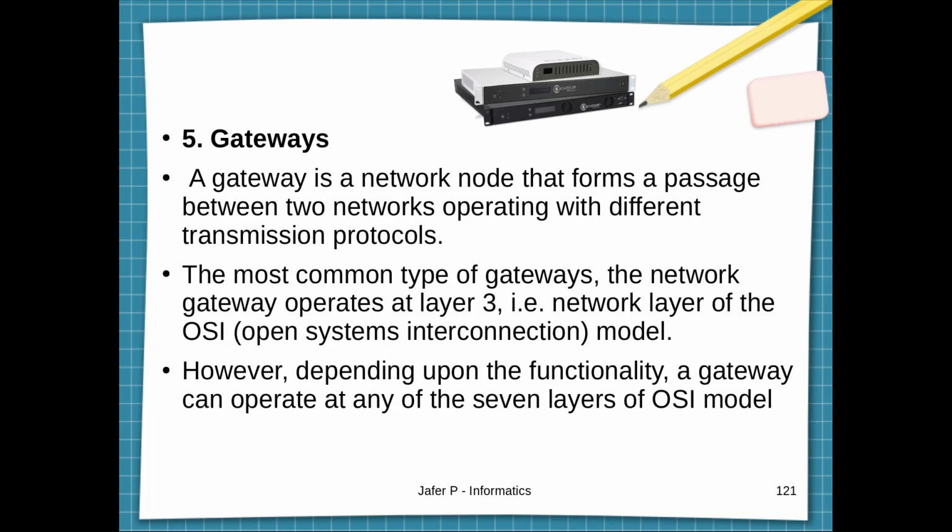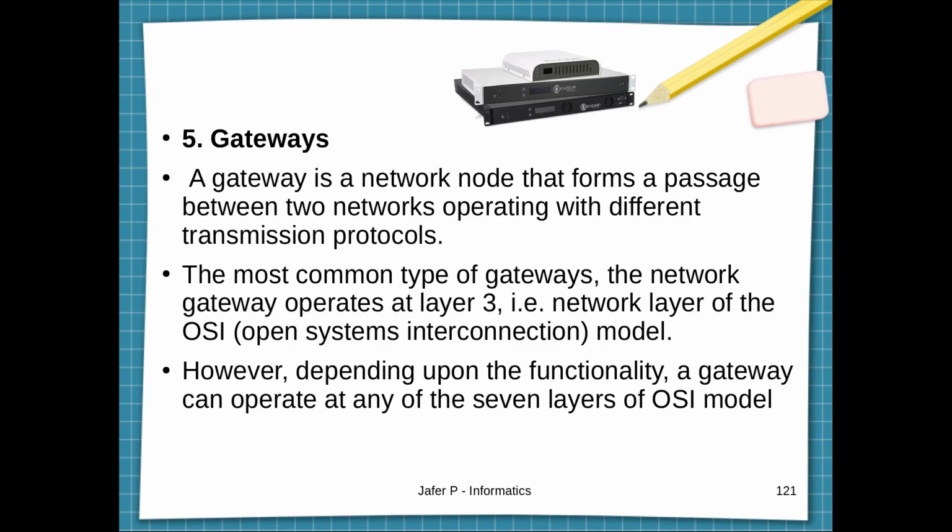So what do you mean by a gateway? A gateway is used for connecting networks operating with different protocols. For example, a network N1 is operating with protocol P1, and there is a network N2 operating with protocol P2. Network 1 and network 2 want to communicate with each other, but their protocols are different.